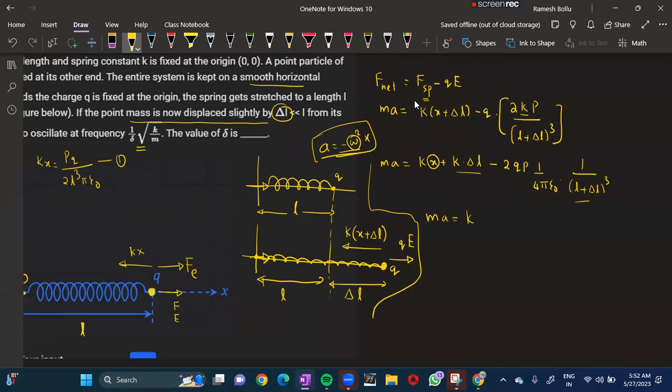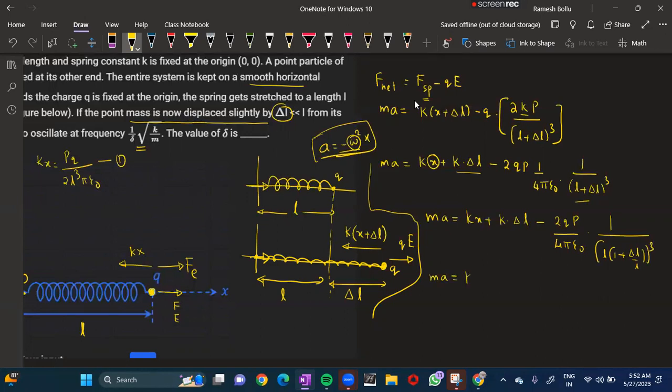MA equal to K into X plus K into delta L minus 2QP by 4 pi epsilon naught. 1 by L I can take common. So 1 plus delta L by L and whole power 3.